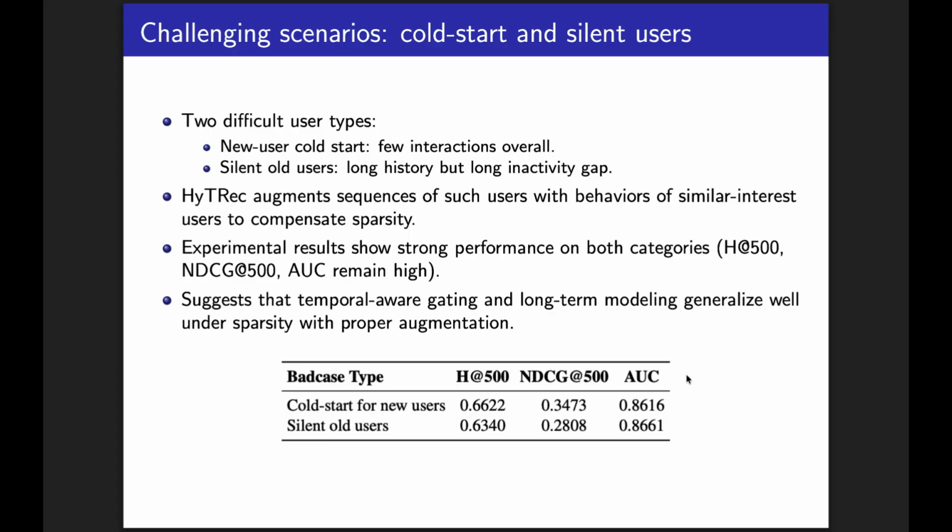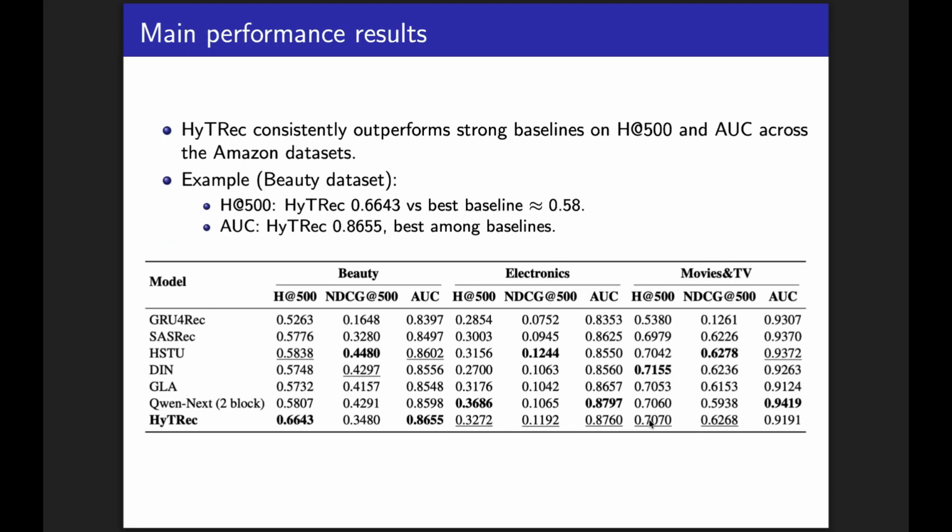Meaning, if you can see here, we are in the range of 0.6366 for the hit ratio, 0.3 for the NDCG, 0.86 for the AUC. If I go back here for the beauty subset, we are in the HyTRec 0.66, 0.34, 0.86 for the AUC, NDCG, and hit ratio respectively.